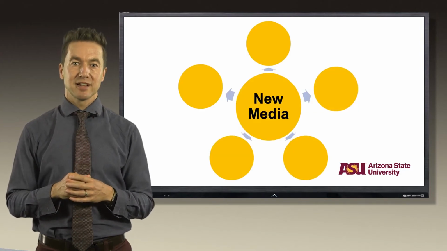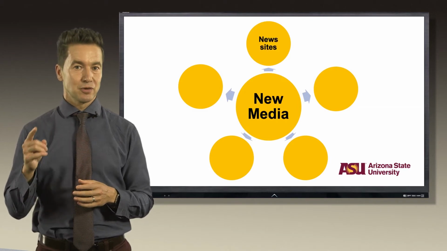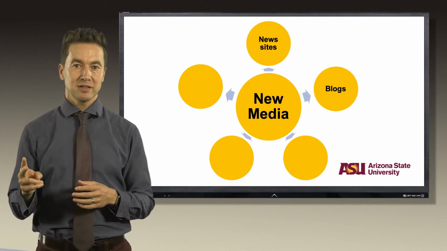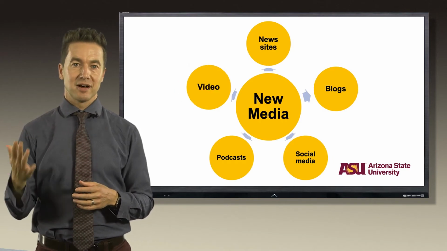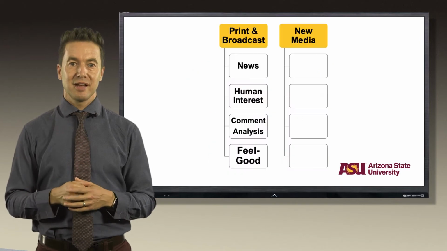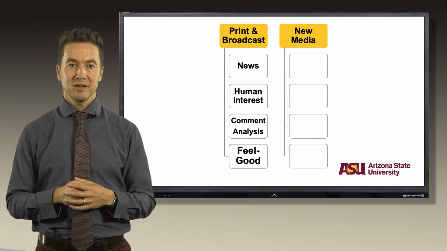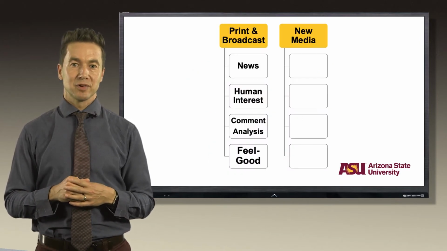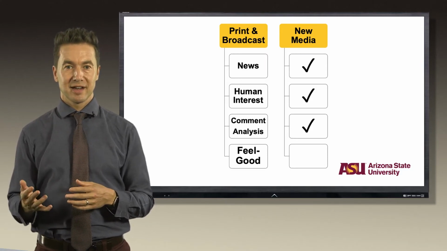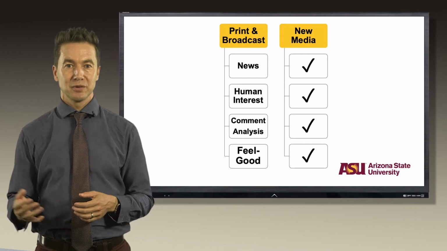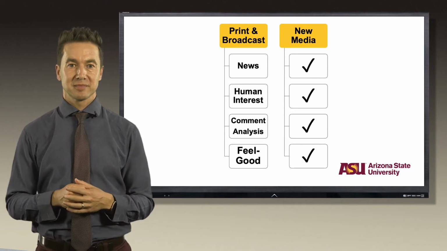As we discussed in the last video, there are many types of online media, including news websites, blogs, social media platforms, podcasts, and online video sites. Like print and broadcast media, online media run news stories, human interest stories, commentary and analysis, consumer reviews, and feel-good stories.